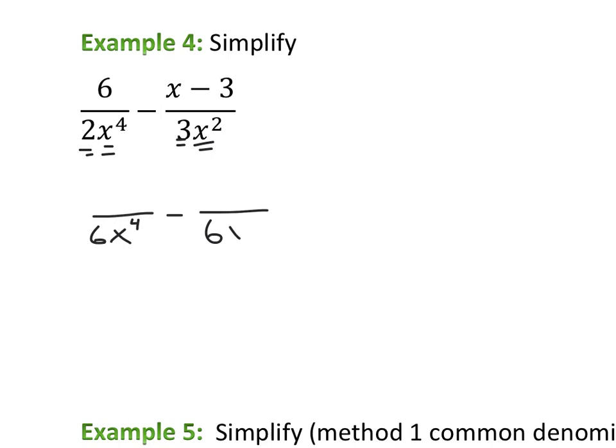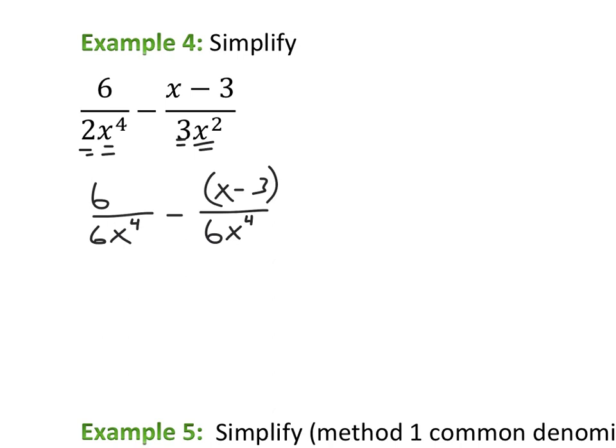And that's how you find the common denominator when there's monomials in the bottom of the fractions. Just take the least common multiple of the two numbers, and then take the highest power of each variable that you see.